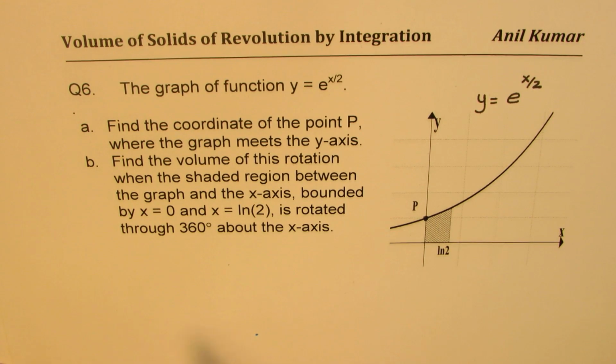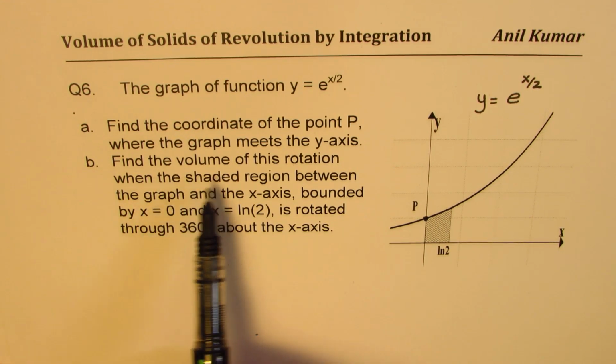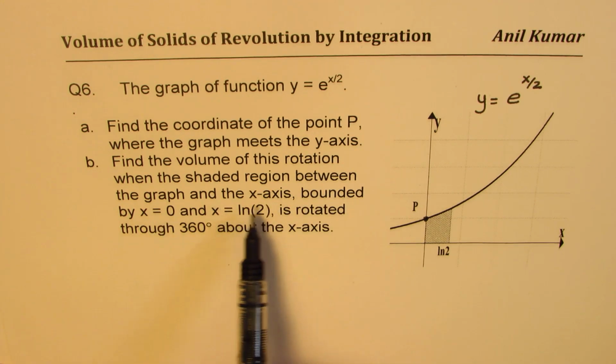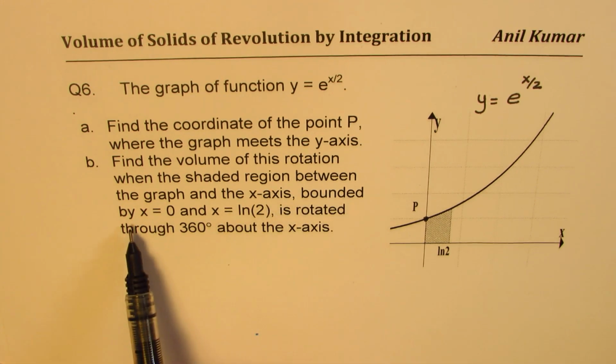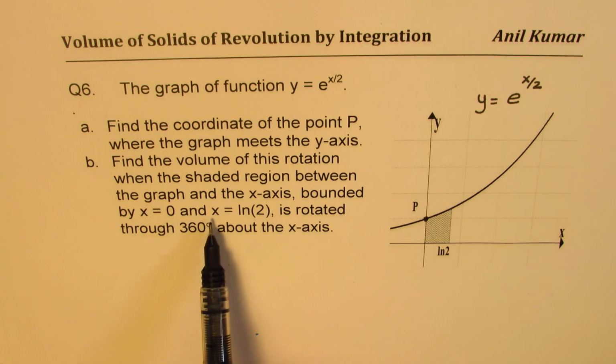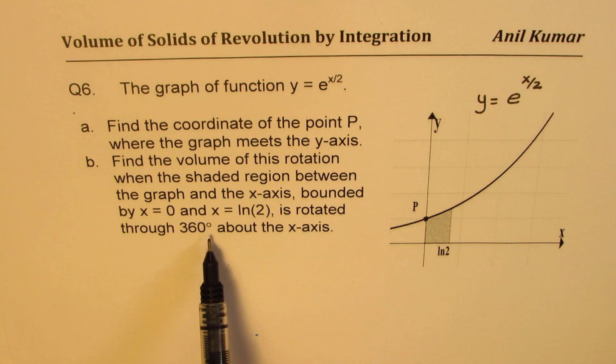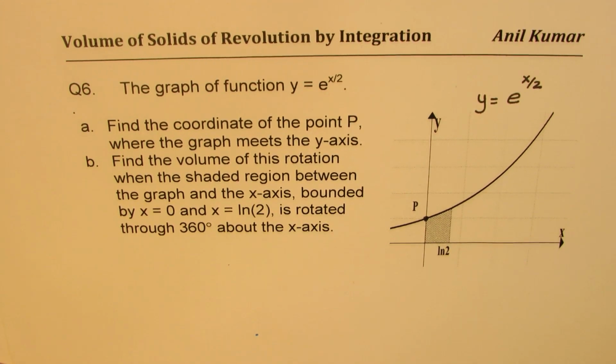Part B: find the volume of revolution when the shaded region between the graph and the x-axis, bounded by x equals 0 and x equals ln 2, is rotated through 360 degrees about the x-axis. You can always pause the video, answer the question, and then look into my suggestions.